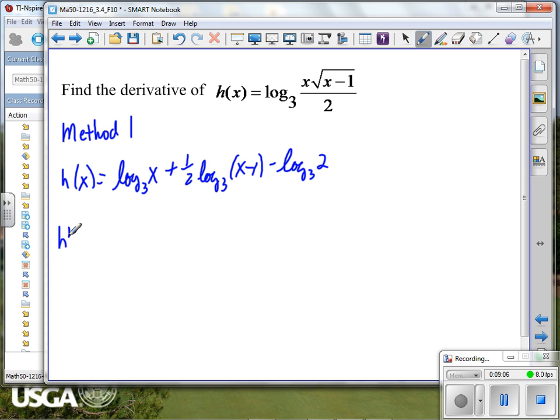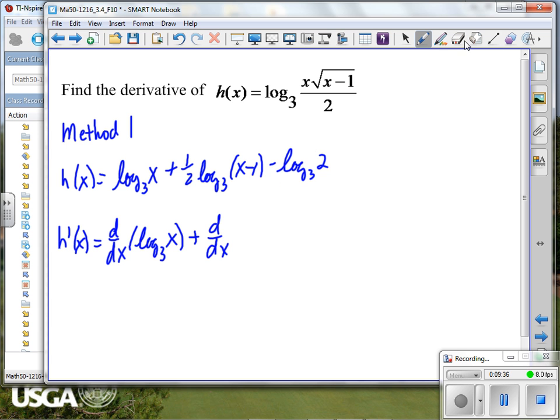If I look at the derivative of this, we've got 3 derivatives to take. The log of x base 3, okay, that's not the natural log, so we have to use one of those others. So the derivative with respect to x, I'm going to write each of these out so those of you who might be wondering where all the derivatives are can see them.